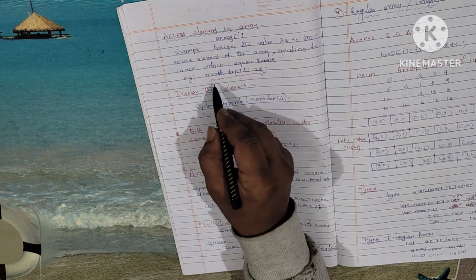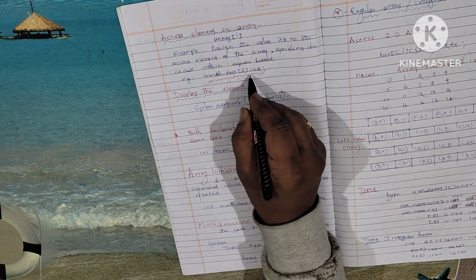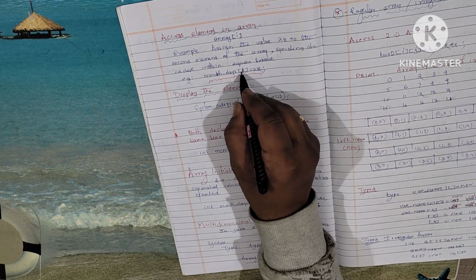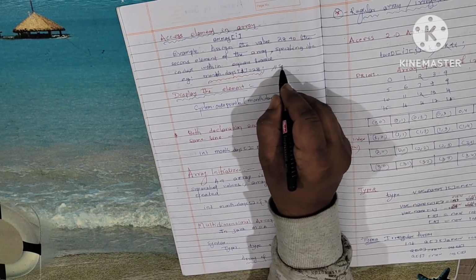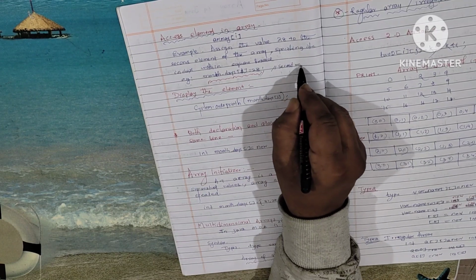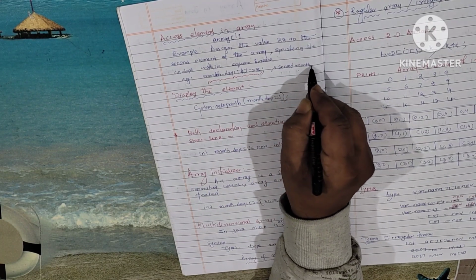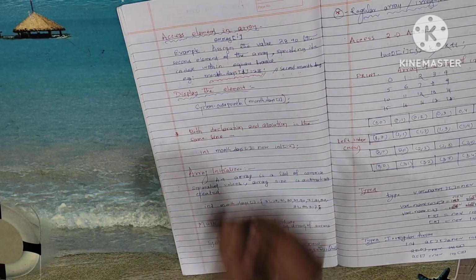One example we have seen here: month days, that is second month, means second month days is equal to 28.